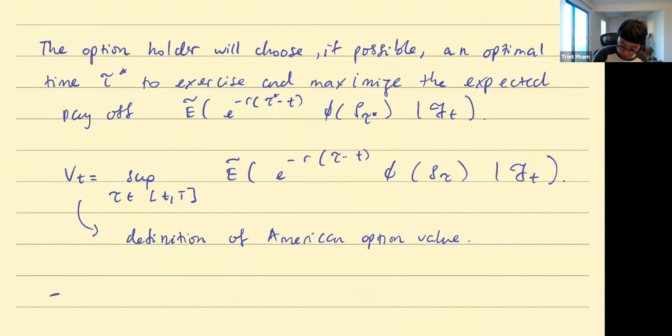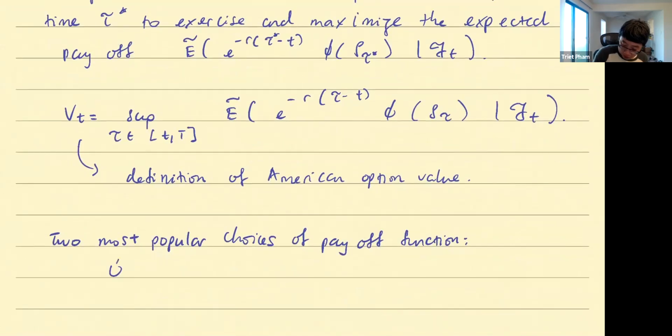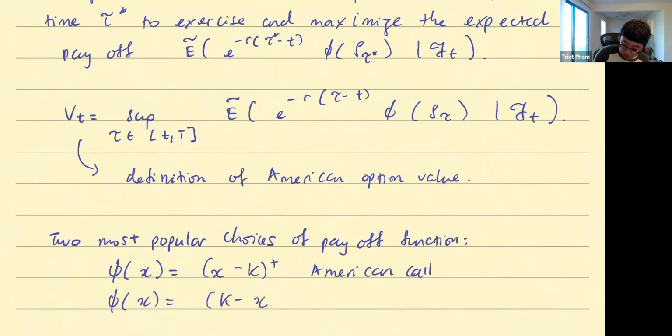The two most popular choices of payoff function are when phi of x is (x minus K)^+, and this will be the American call, and when phi of x is (K minus x)^+, this will be the American put.